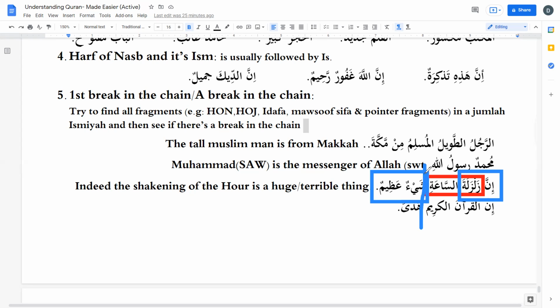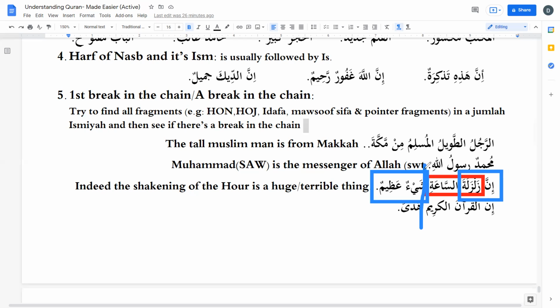So the break in the chain is over here, just after inna, indeed, zalzalata, shaking of the hour. Because as-sa'ati is marifa, that's why zalzalata is also marifa. When mudaf ilayh is marifa with al or with any other reason, then mudaf also becomes marifa. That's why the 'is' is over here. Indeed, the shaking of the hour, then comes the 'is'.